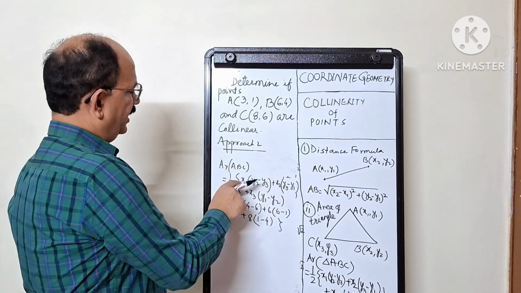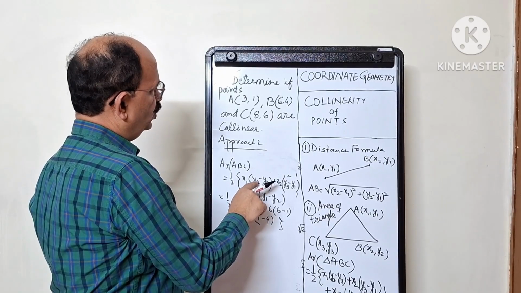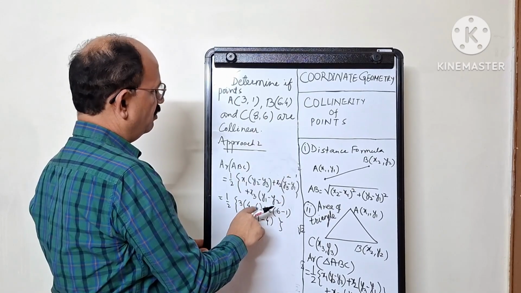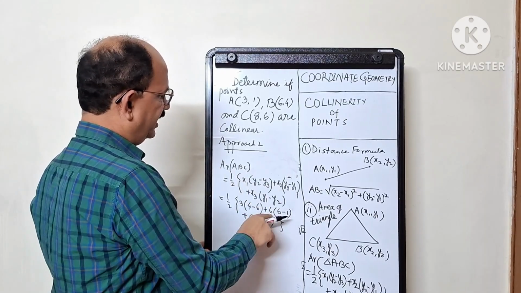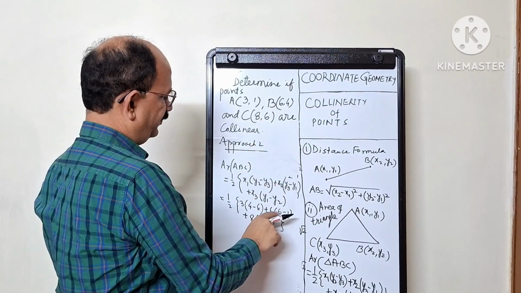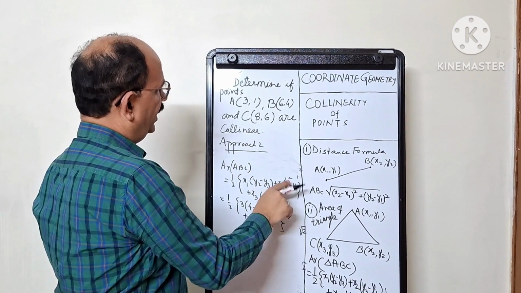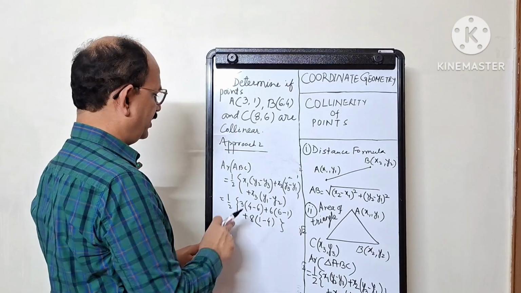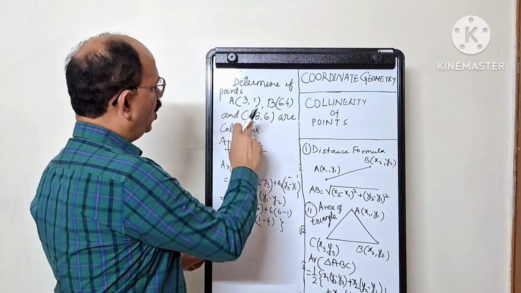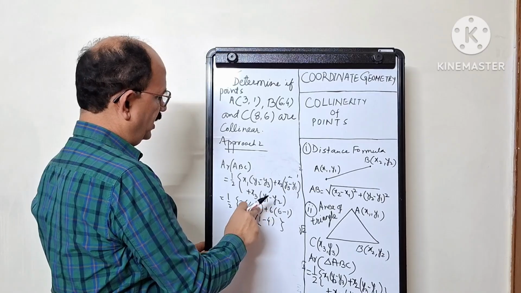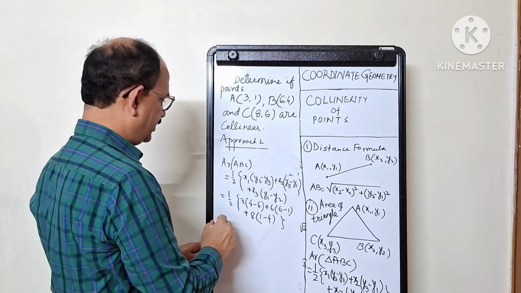Okay. x1 is 3, so it's correct. y2 is 4 and y3 is 6, so this part is correct. x2 is 6, y3 is 6 and y1 is 1, so this is also correct. x3 is 8 and y1 is 1 and y2 is 4. So the values which we have put are correct.